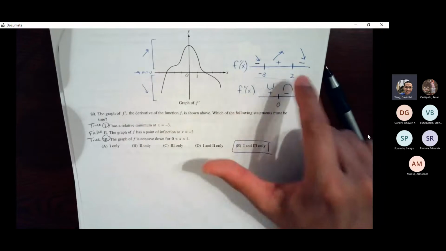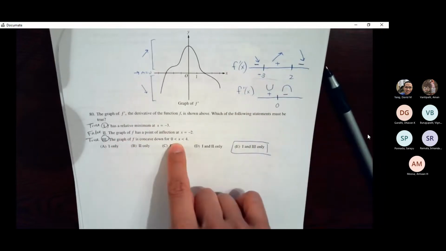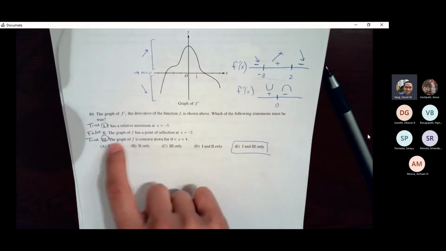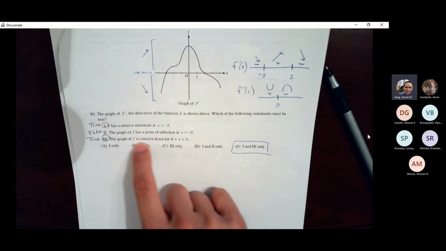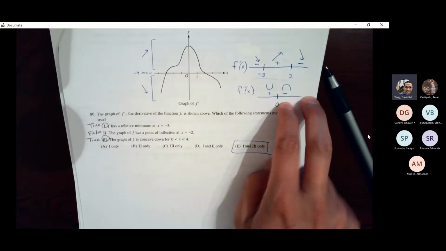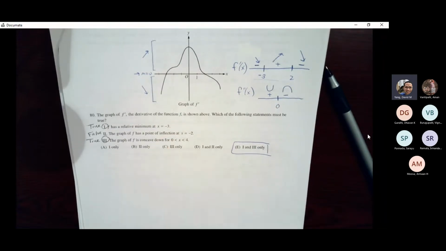Relative minimum at -3, that is true. Point of inflection at 2, not true. The only point of inflection we see is at 0. Concave down from 0 to 4, that is true. From 0 to infinity is concave down, and that matches this statement. So answer choice 1 and 3.